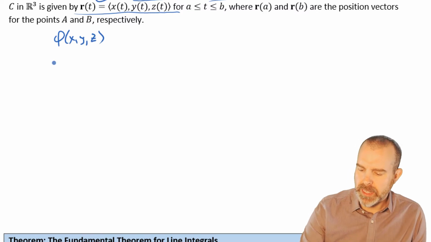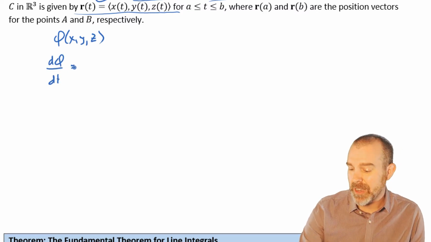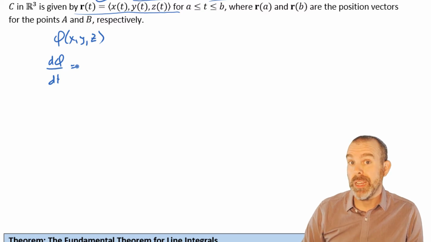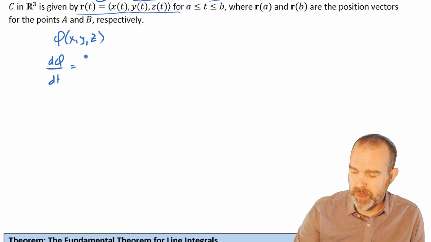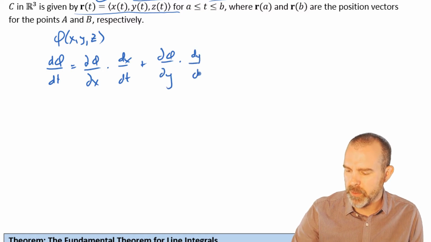Okay, well, let's take the derivative of phi with respect to t. Well, we would need the chain rule for this. That would be the partial derivative of phi with respect to x times the derivative of x with respect to t, plus the partial derivative of phi with respect to y times the derivative of y with respect to t, plus the partial derivative of phi with respect to z times the derivative of z with respect to t.